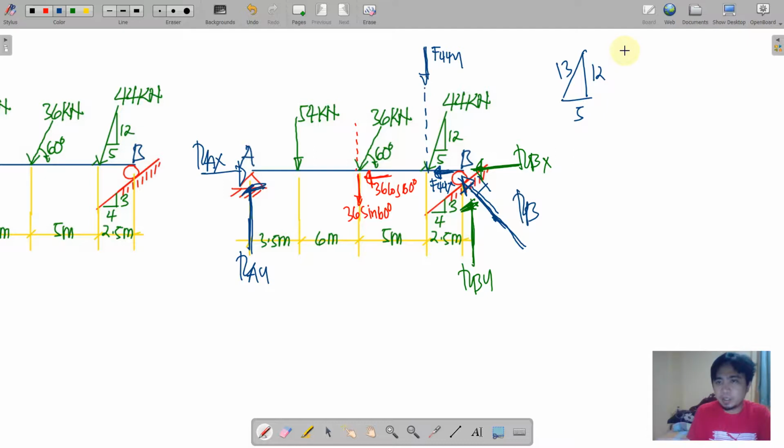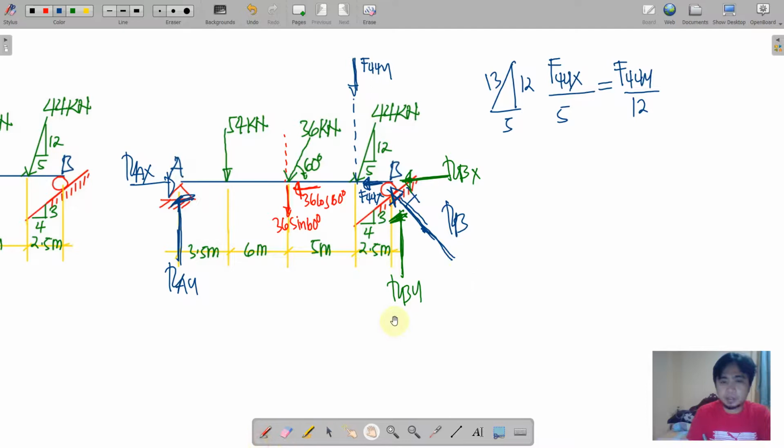So we can just say that F44X, paired to the horizontal slope, 5, is equal to F44Y all over the slope of Y, which is 12. And then this shall be equated to 44 over the slope of the hypotenuse, 13.